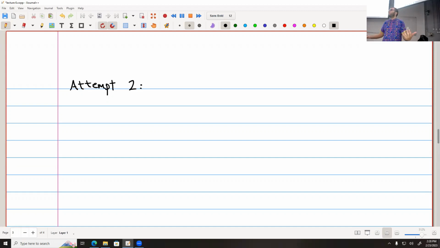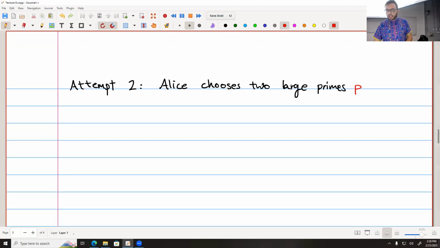Let's just take two prime numbers and multiply them together. Okay, so to generate the keys, Alice chooses two large prime numbers. I'm going to call these prime numbers P and Q, and they're going to be secrets. Only Alice knows P and Q.